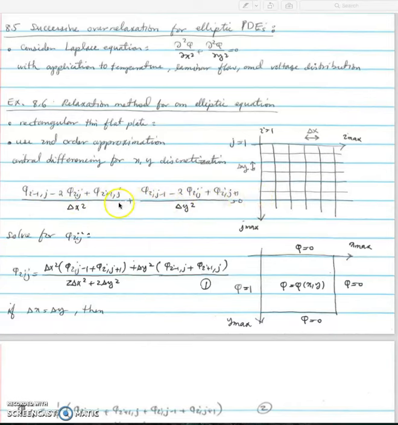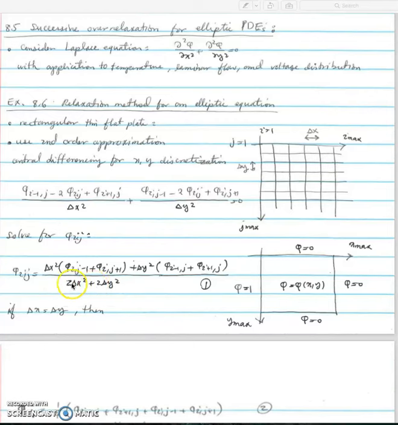In that case, if you do the math, you see that phi ij from this equation becomes equal to del x squared times phi i, j minus 1 plus phi i, j plus 1, plus del y squared times phi i minus 1, j plus phi i plus 1, j, and the whole thing divided by 2 del x squared plus 2 del y squared.